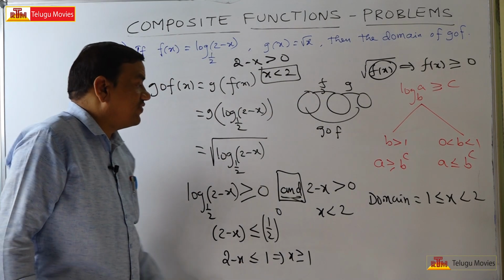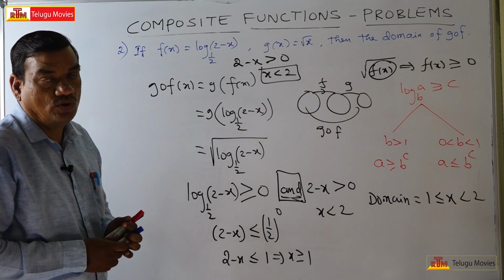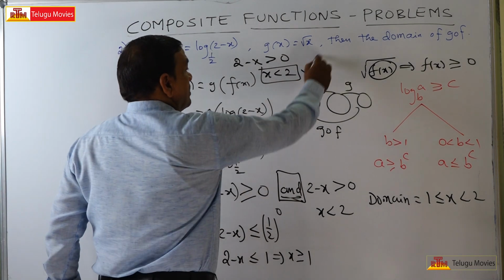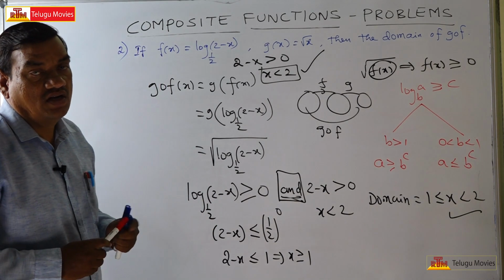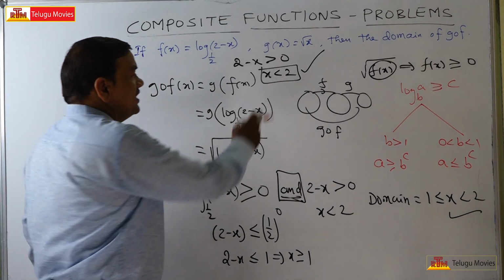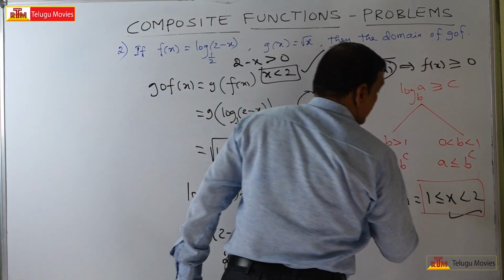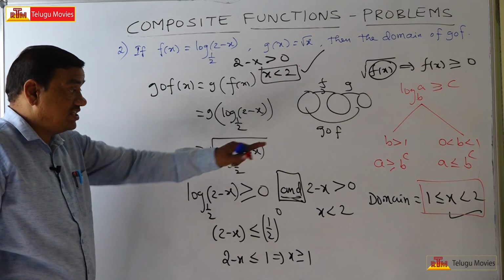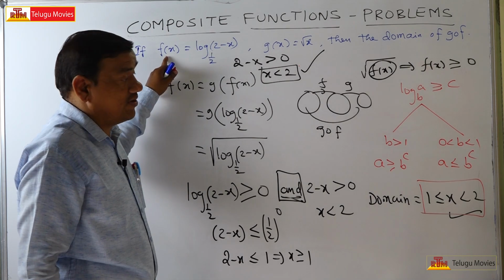For the g circle f function, the domain we got is 1 less than or equal to x less than 2. Now we have to take the intersection of these two. According to the problem we got g circle f, but that is not the domain; it should equal the domain of f of x.